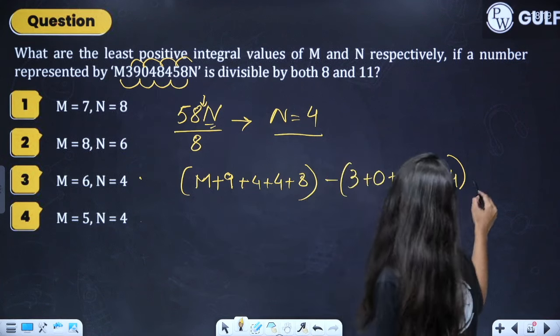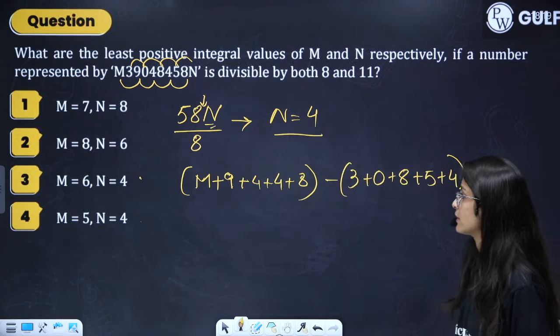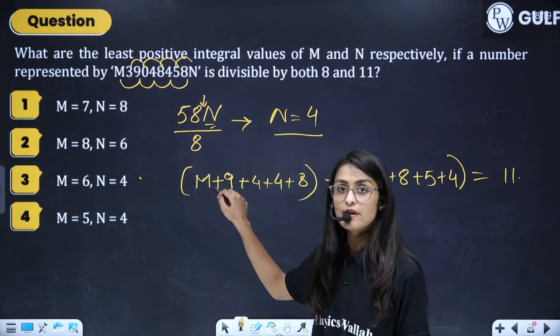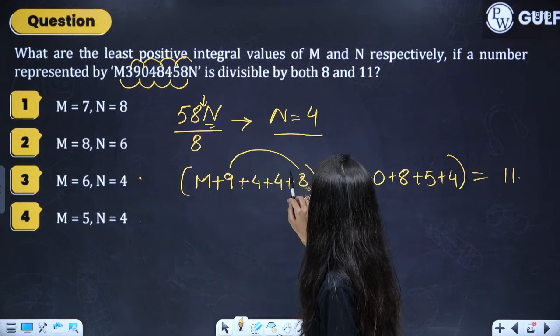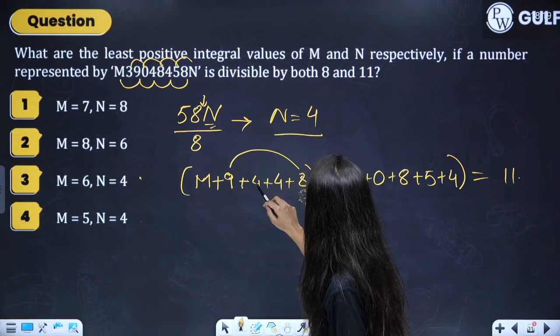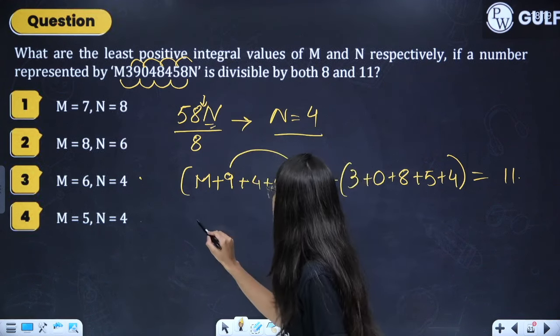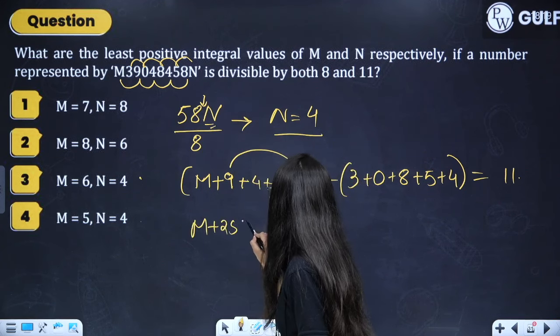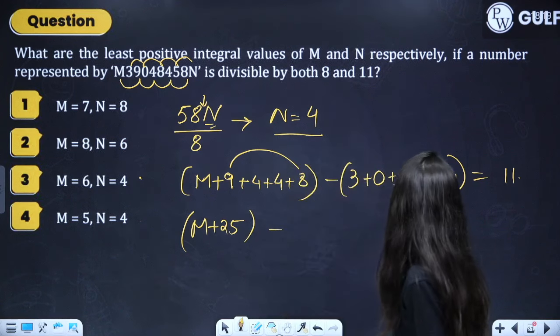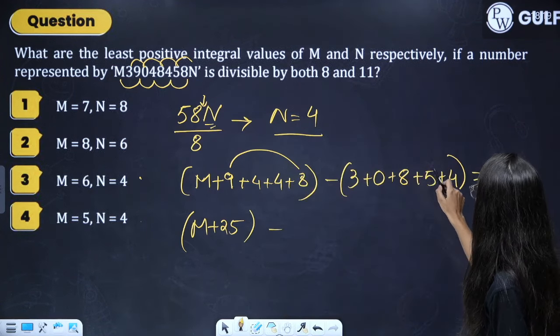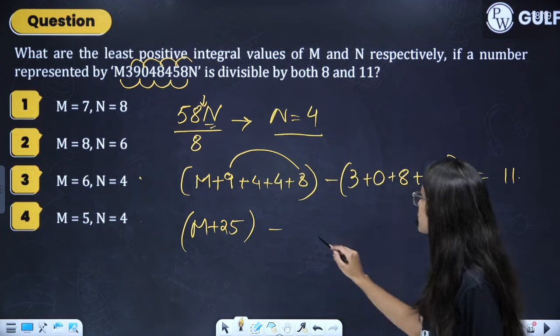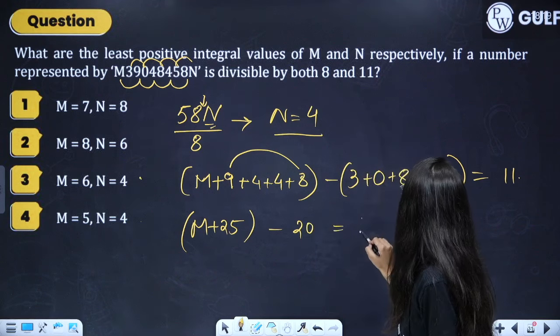Okay. Now the difference of it should be 11. So we are adding these: plus 9 gives me 17, 4 is 21, and 4 is 25. So m plus 25. Simply add 5 and 3, 8, 8 and 8, 16 plus 4, 20, equals 11.